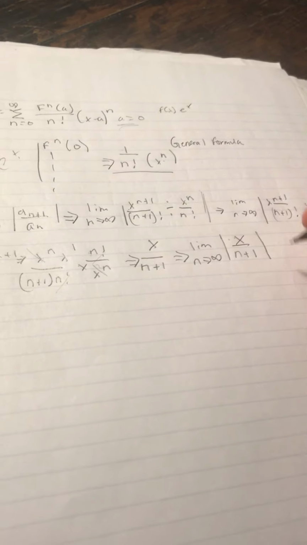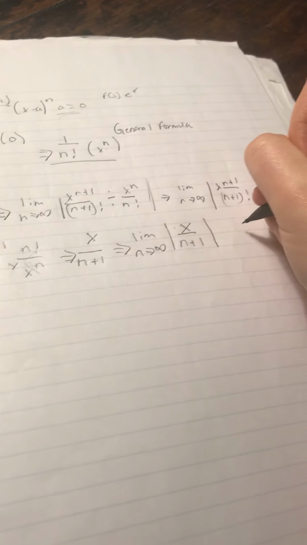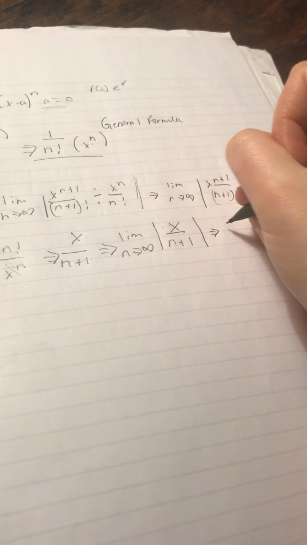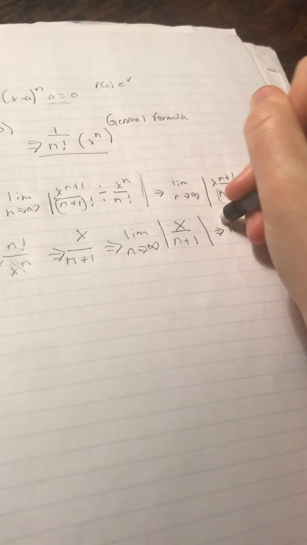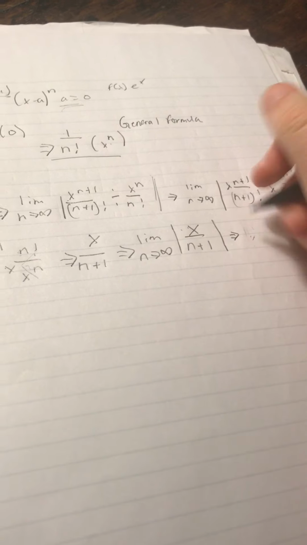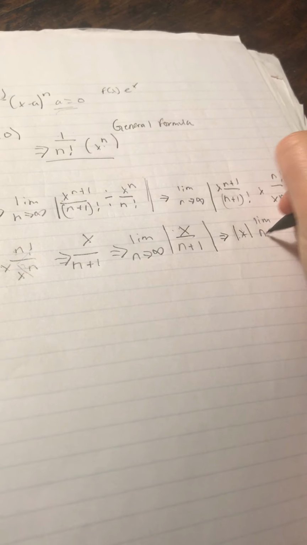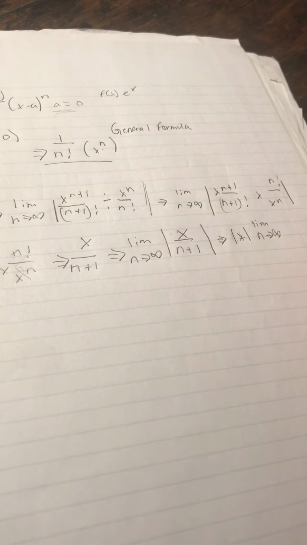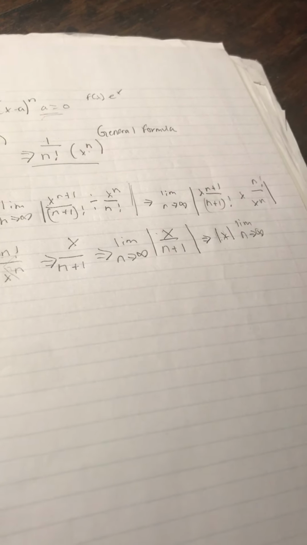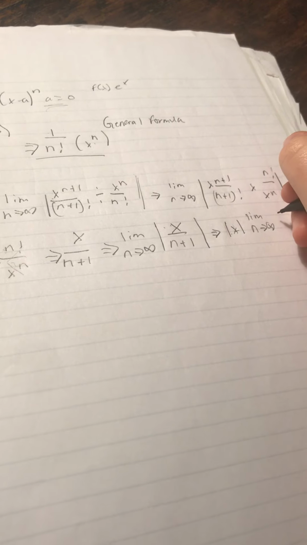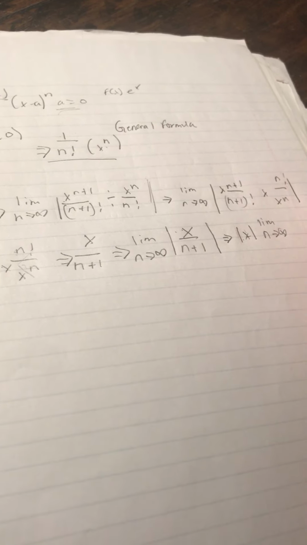You could take out an absolute value of x here if it confuses you. The absolute value of x multiplied by the limit as n goes to infinity, because x does not matter in here. And it's bad to do arithmetic with infinity. College Board doesn't like it.